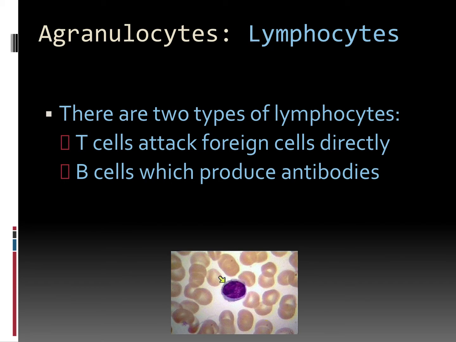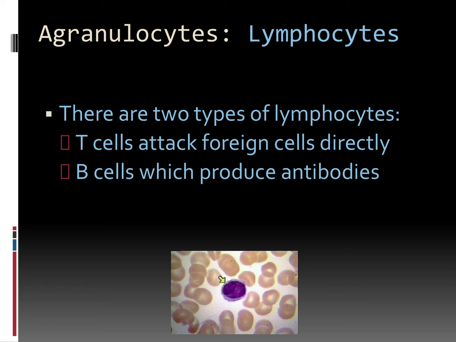T cells are what actually attack foreign or infected cells directly. So, if a cell has been infected by a virus, it's the T cells that are going to come ultimately and destroy it. B cells, which are another type of lymphocyte, are the cells that make antibodies.